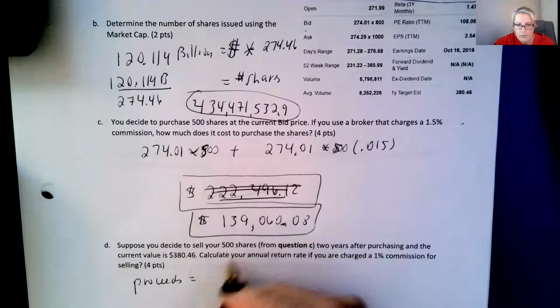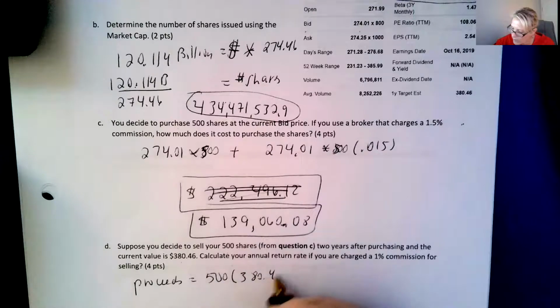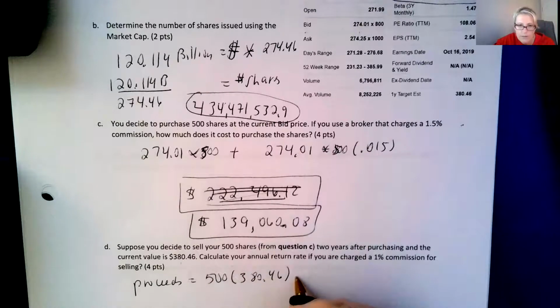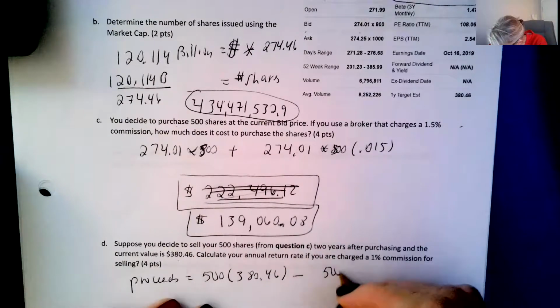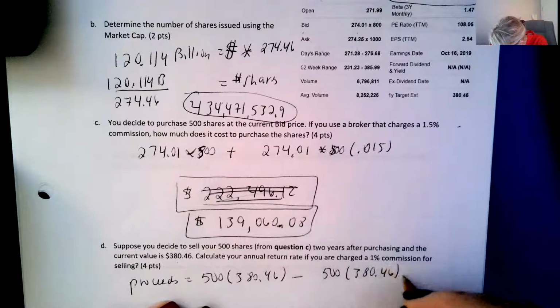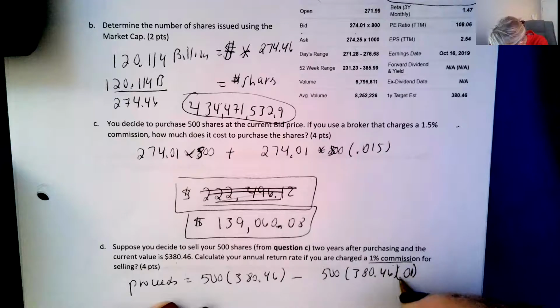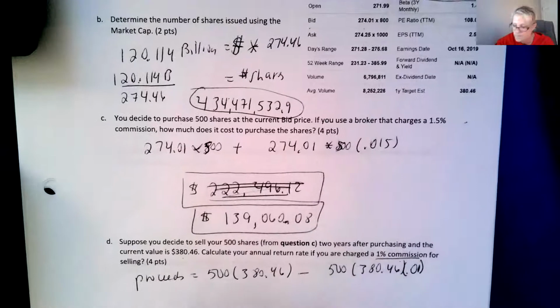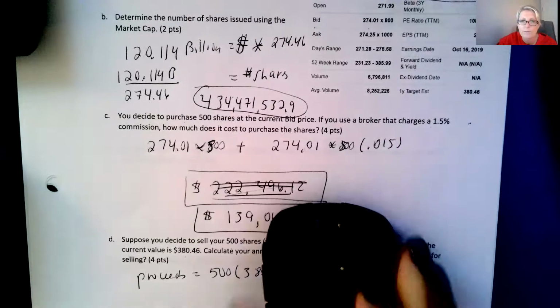So it's going to be our number of shares, our 500 shares, times the selling price of 380.46, subtracting the commission, right, which is the 500 times 380.46 times the commission. And this time it's only 1%. And then our net proceeds, we'll do in a minute.